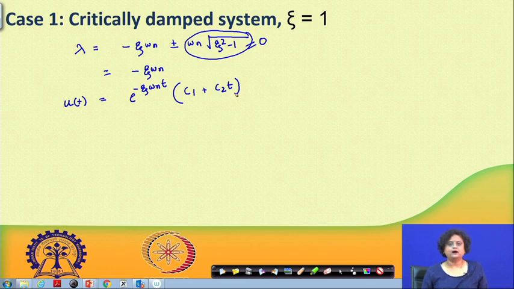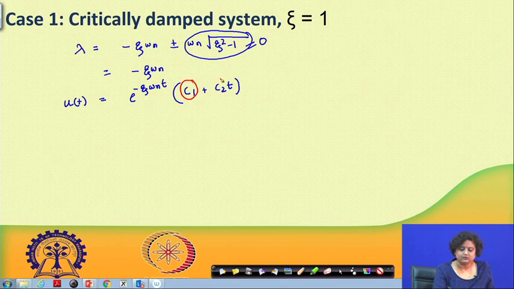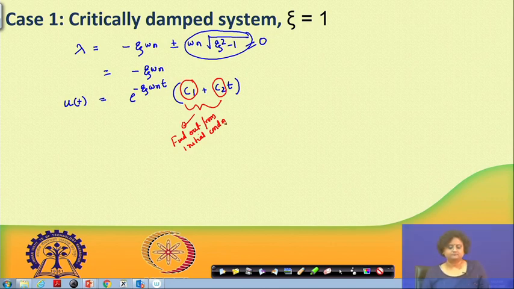C1 and C2 are the two unknown constants which we have to find out from the initial condition, in exactly the same way that we did in the last case where zeta was less than 1. Okay.